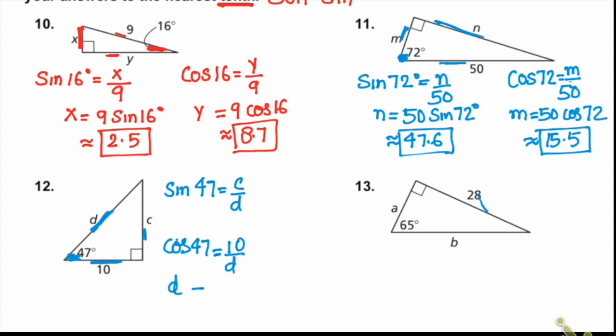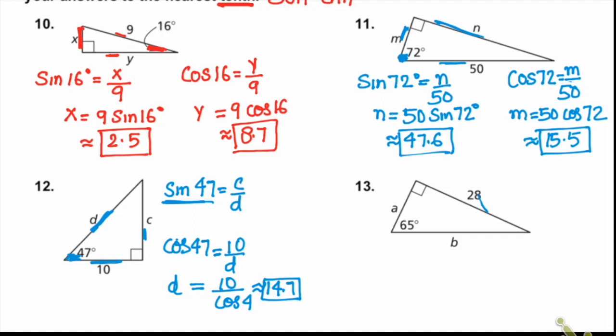So d, when you cross multiply, is 10 over cosine 47. When you simplify, your answer is going to be 14.7, to the nearest tenth. But you need this d to solve for c using sine 47. So whatever the answer is in your calculator, leave it as it is.